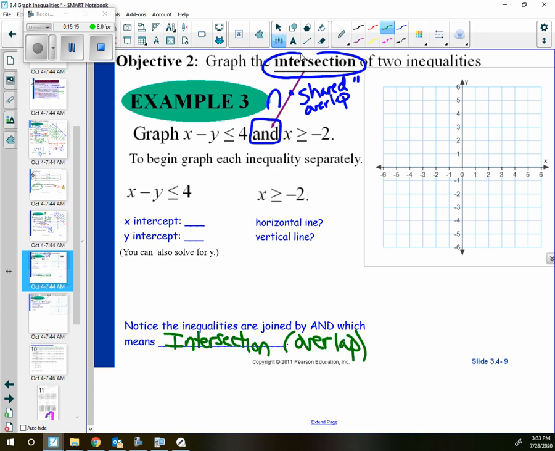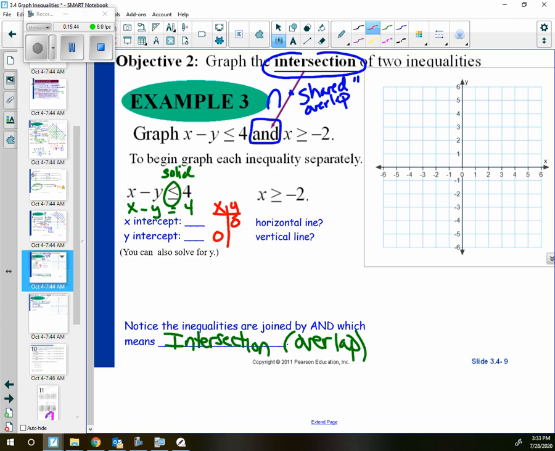All right, so we'll do the first one here. So we have x minus y is less than or equal to 4. Okay, so first of all, looking at solid or dashed, with less than or equal to it is going to be solid, included, right? Because we have the equal to. You can write this as an equation then to graph the boundary line. Because this is in standard form, it is a nice way to do the x and y intercepts. So that's where you're thinking about putting in 0 for y and 0 for x.